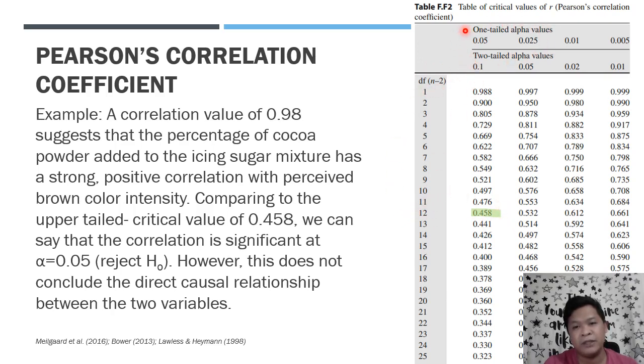If we're assuming a one-tailed test, an alpha of 0.05, then the critical value is 0.458, which is much lower than the correlation value of 0.98, which is obvious naman na significant yung correlation natin. Of course, and it's very close to 1, so that should have been a pretty nice hint.